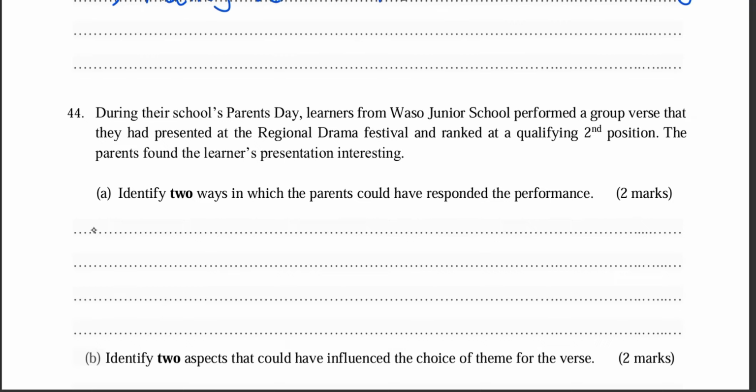Next question. Identify two aspects that could have influenced the choice of theme for a verse. When one is coming up with a theme for a verse, they could be influenced by external experiences. It could be an inspiration.